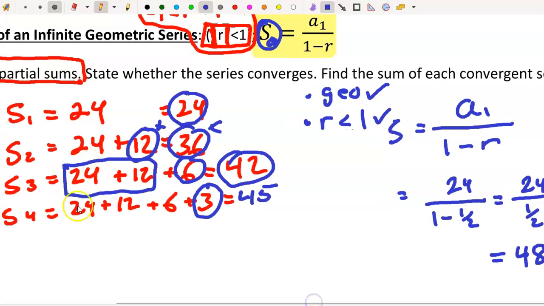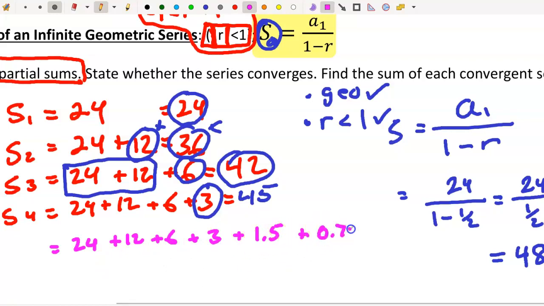Because if I continued this formula, and you don't need to write this down, you just need to understand it. Again, this is more about understanding. Let's keep going on here. So the next number after this would be what? Half of 3 would be 1.5, right? And the next number after that, divide that by half, would be 0.75, right?